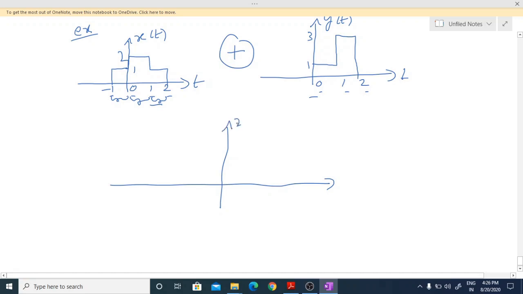Here z of t is the addition of these two, x of t plus y of t, and the t values considered in both signals are -1, 0, 1, 2.